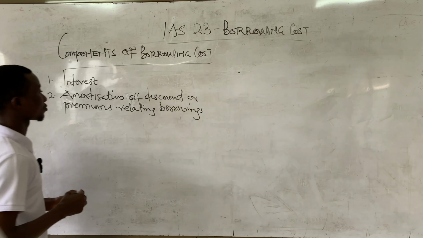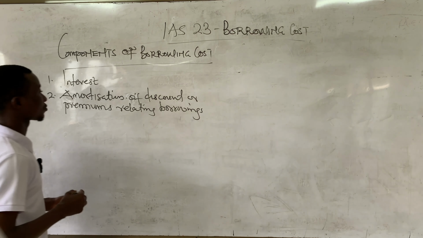One key thing I want you to understand is that when there is a discount on external borrowing, the discount reduces the borrowing cost, and a premium inflates or increases the borrowing cost. Is that okay?